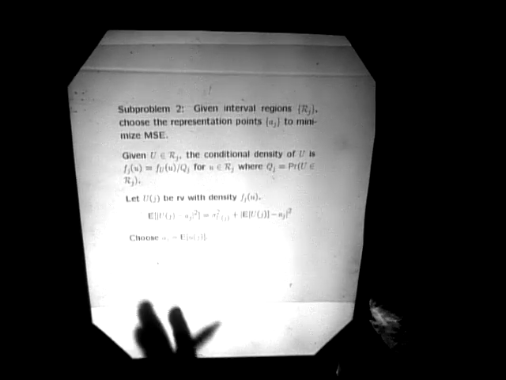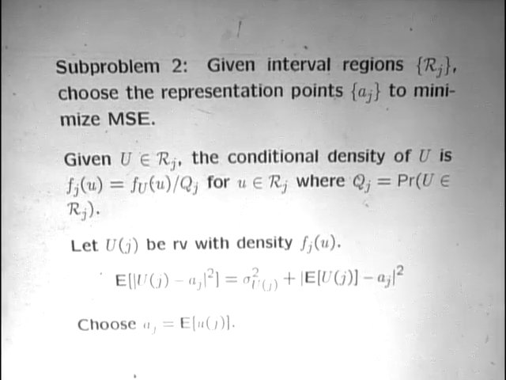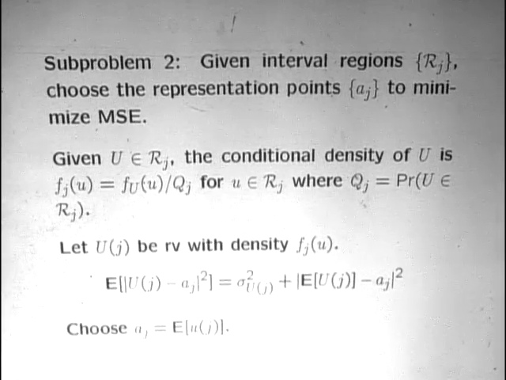Okay, so this one part of the problem is easy. If we know what the representation points are, we can solve the problem. Okay, we have a second problem, which is just the opposite problem.